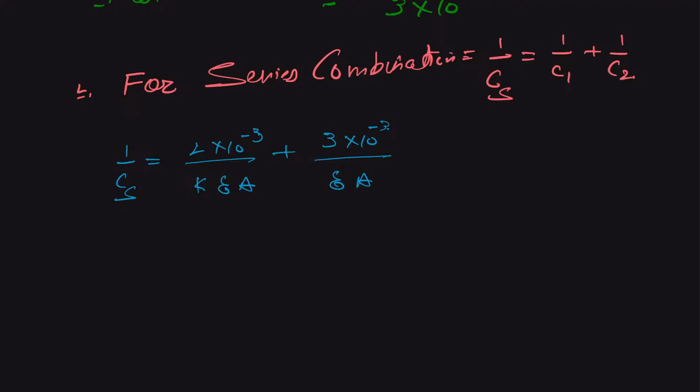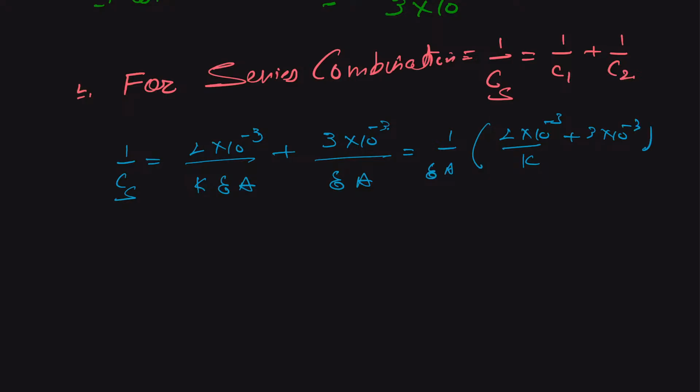So let us sort it out first. We can take 1 upon epsilon A as common, and this comes as 2 into 10 to the minus 3 upon K plus 3 into 10 to the minus 3.